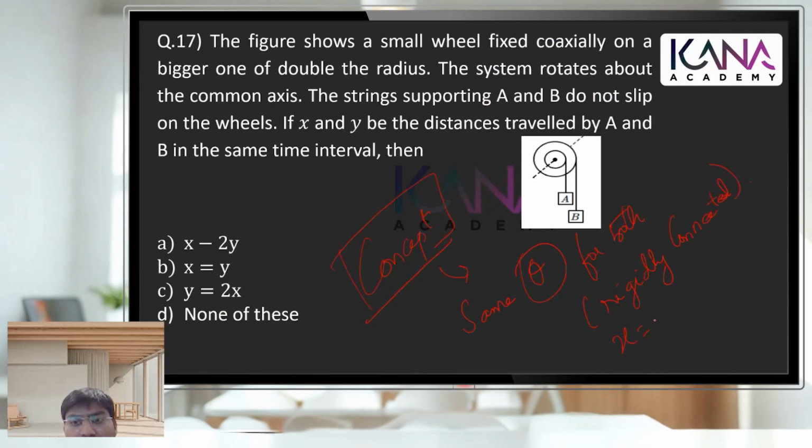So X is equal to R theta, Y is equal to 2R theta. Now we have two equations for X and Y, a linear set of equations. If you want to find the relationship and solve this, you will get Y is equal to 2X.